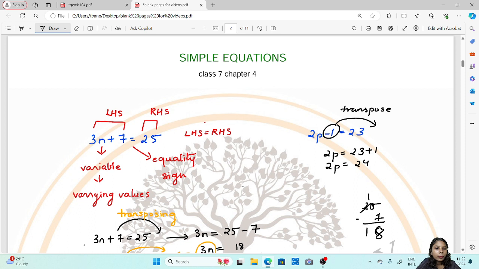And this is 2p. Now if I transpose this 2 to the other side, it will be p equals 24 upon 2. So 2 ones are 2, 2 twos are 4. So here our value of p is 12.